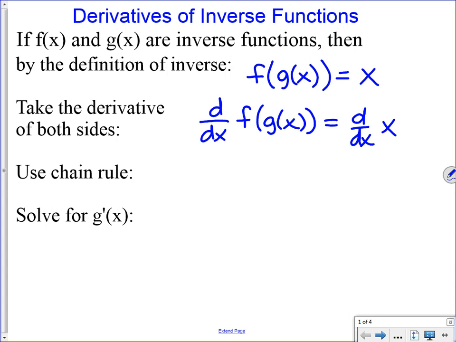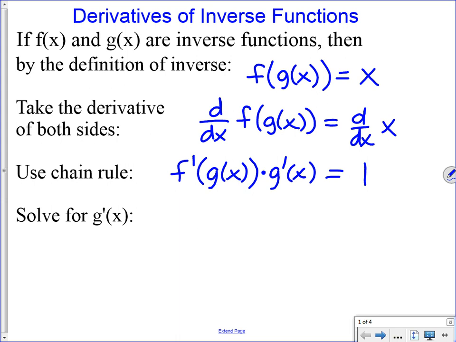So remember, we would start with the outside. We would get f prime of g of x, keeping the inside the same, but then multiplying by the derivative of the inside. That is literally the definition of the chain rule. This equals the derivative of x, which is just 1.